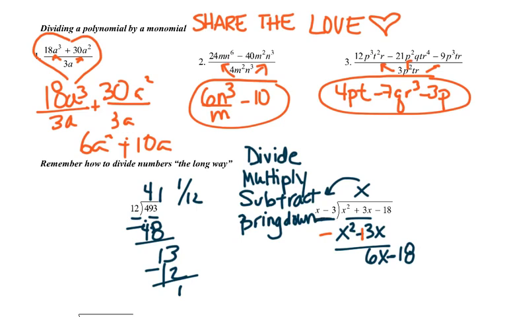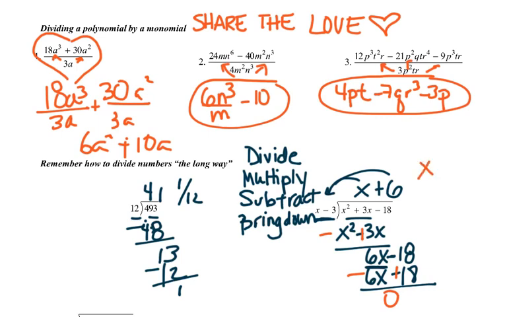Then I ask myself, how many times does x go into 6x? It goes in 6 times. Multiply, so I get 6x minus 18, and then change the signs, and then luckily that one goes in evenly.